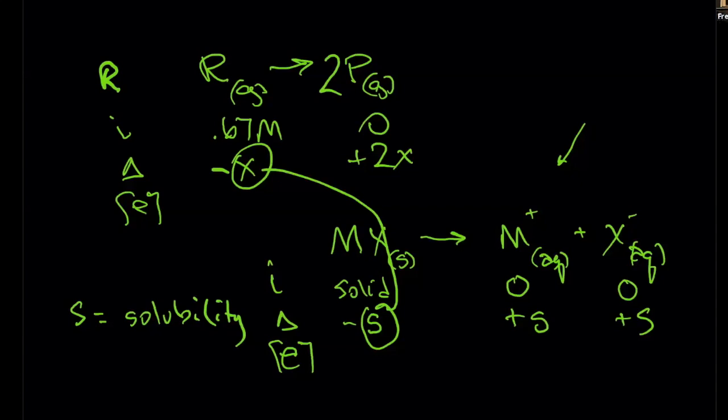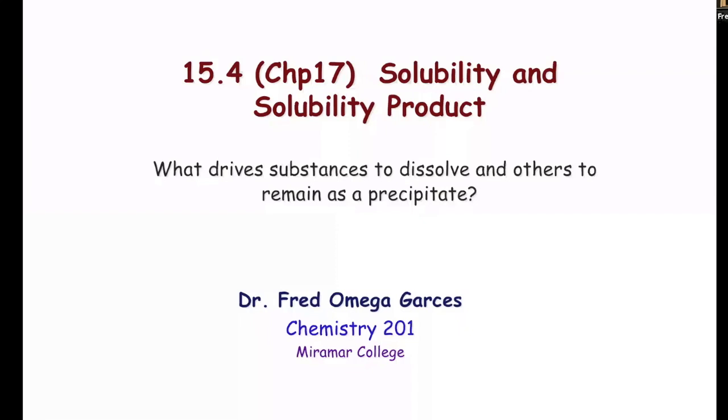And because solubility starts with an S, we indicate it as an S variable. Solubility has two definitions that you guys will see later on. And one of them is how much of the chemical actually goes into solution. So let's go ahead and get started here, just so that you understand that when something dissolves, the amount that dissolves is the solubility, okay?